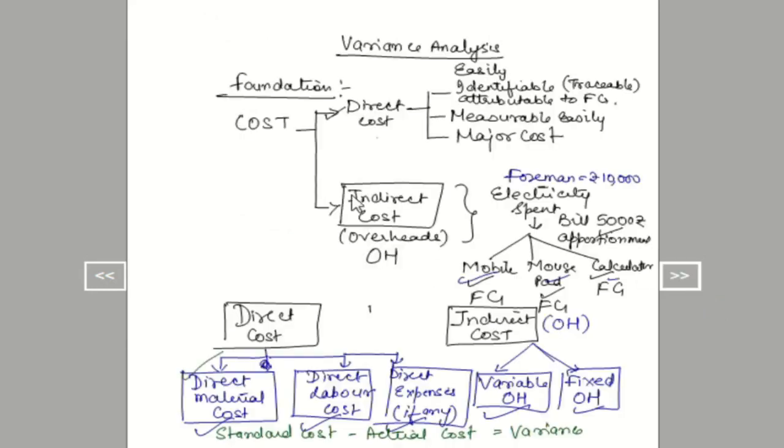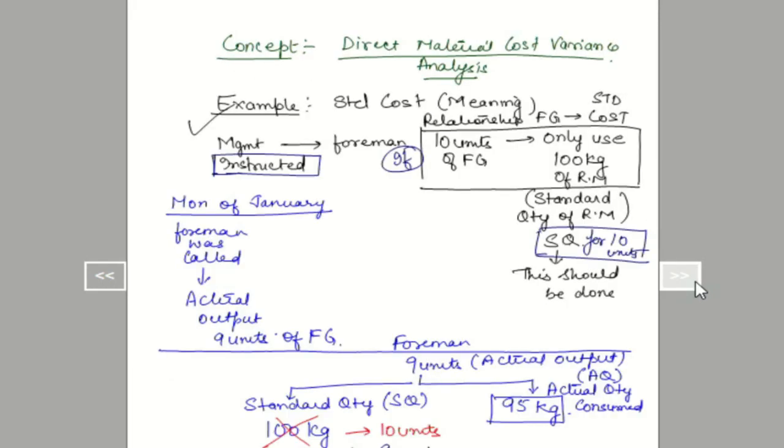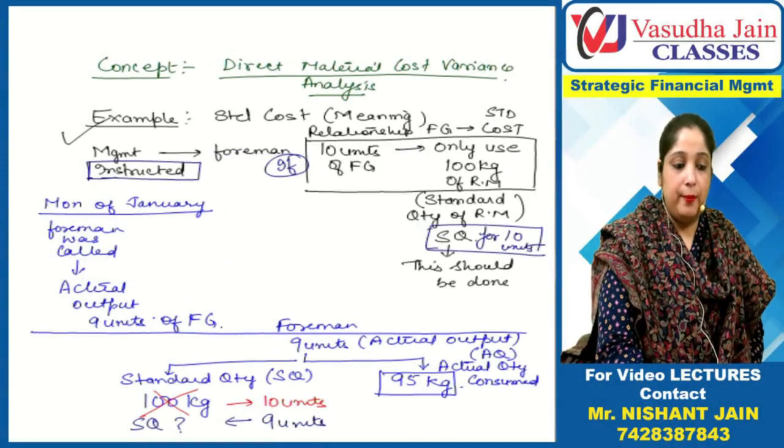You can write down this also: what is direct cost, what is indirect cost, and then direct cost is bifurcated in 3 parts and indirect cost is bifurcated in 2 parts. Pause the screen and write it down. I'm changing the sheet. This example is very important.